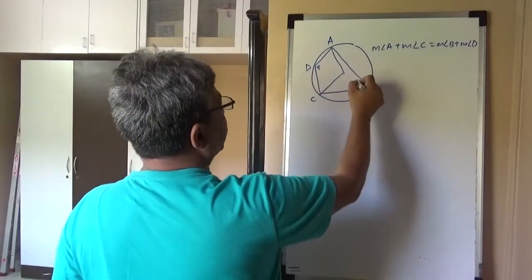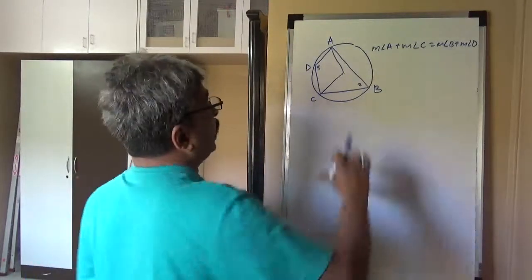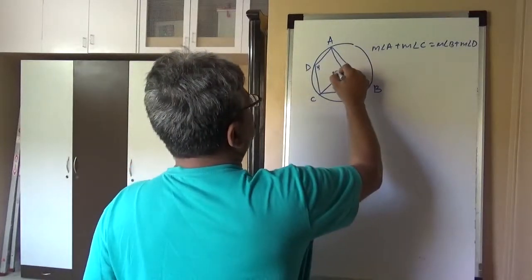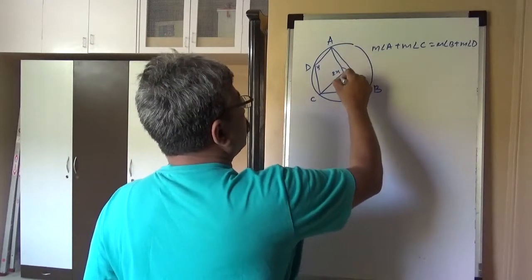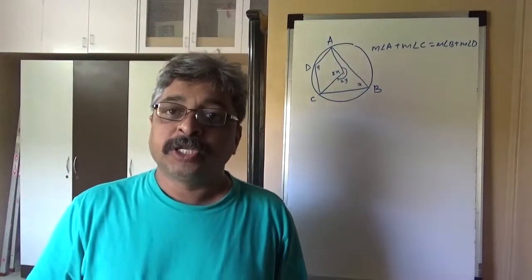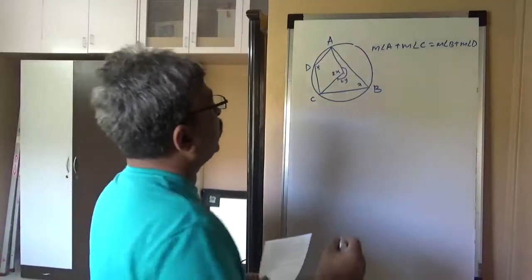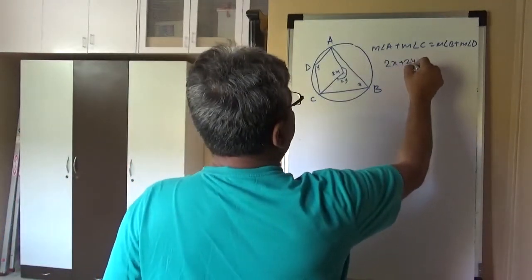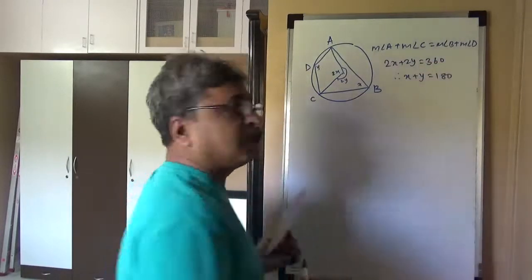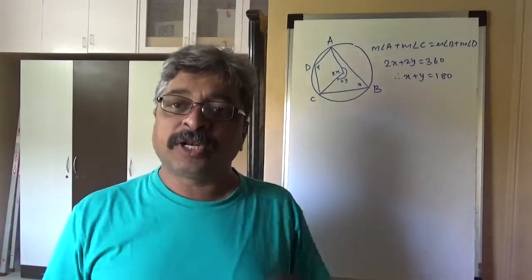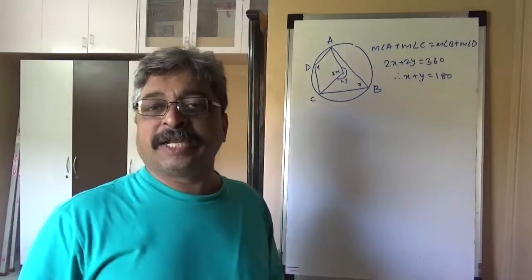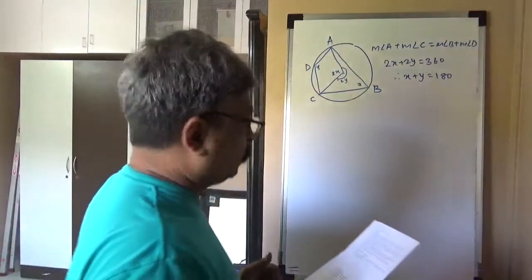Suppose this angle is Y, this angle is X, and we have already proved that AC inscribes at B, and therefore this is going to be 2X and this is going to be 2Y, but the total central angle is 2X plus 2Y, which is 360, and therefore X plus Y is 180. This is our next theorem, that if the quadrilateral is cyclic, then the sum of opposite angles is equal in both the cases, and therefore each one of them adds up to 180.